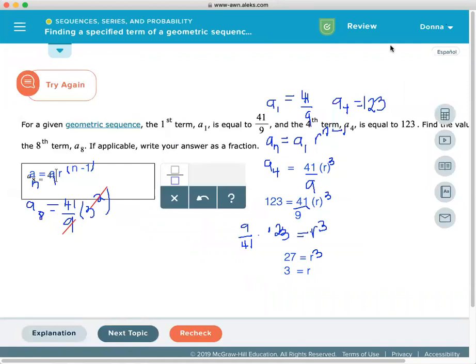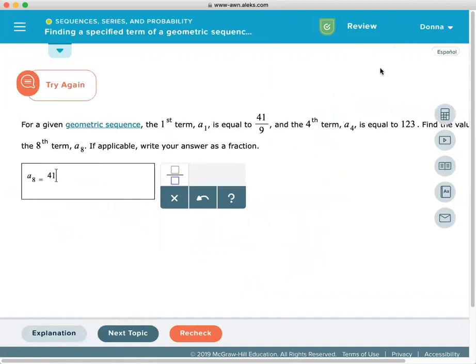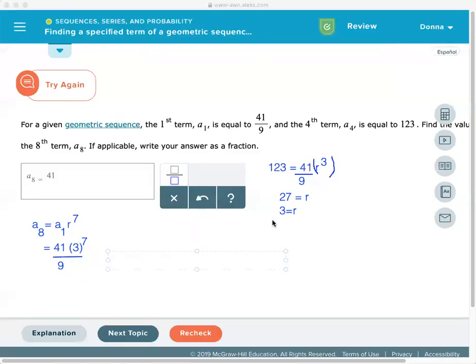Oh my goodness. I think this might be a sign. Let's see what I did wrong. So the r equal to 3 was correct. I found my error, and I thought maybe if I typed it a little bit better.